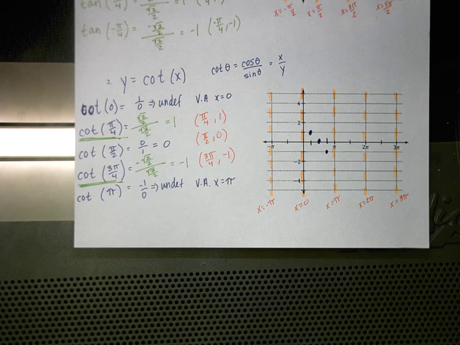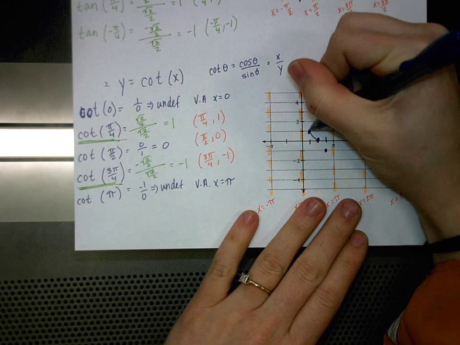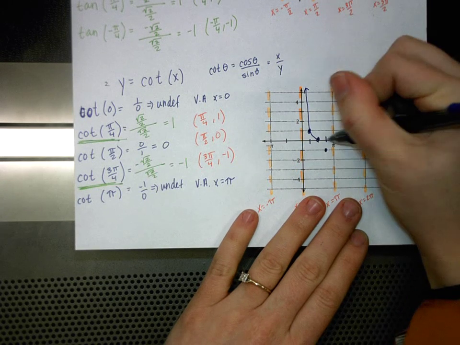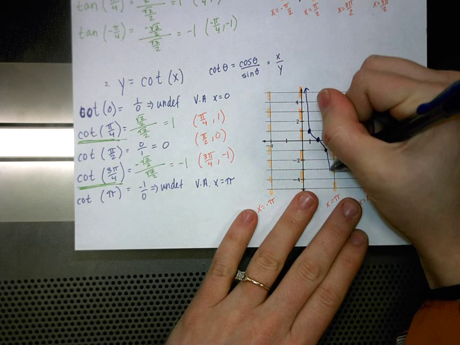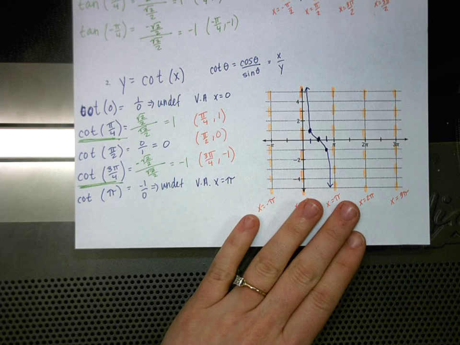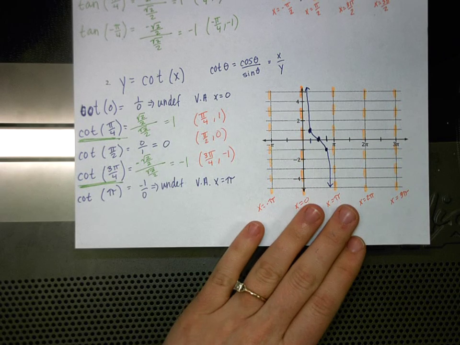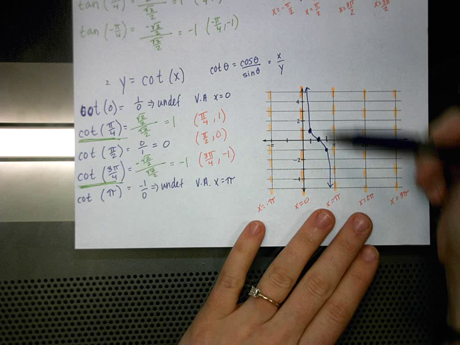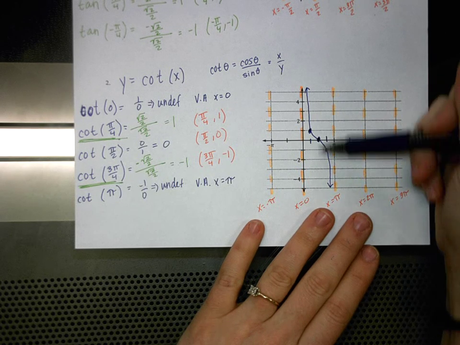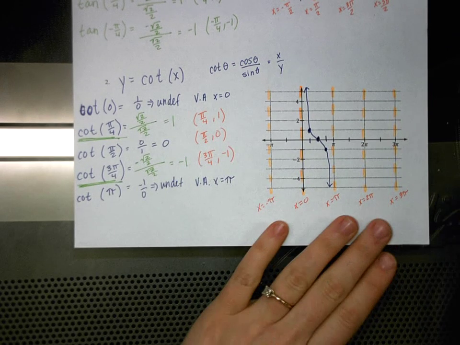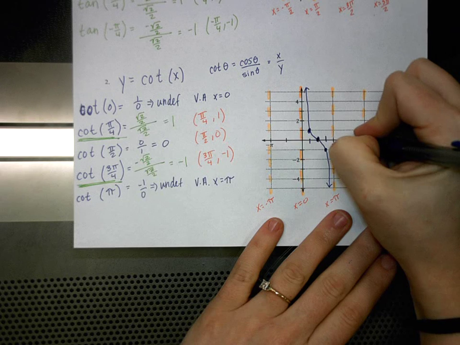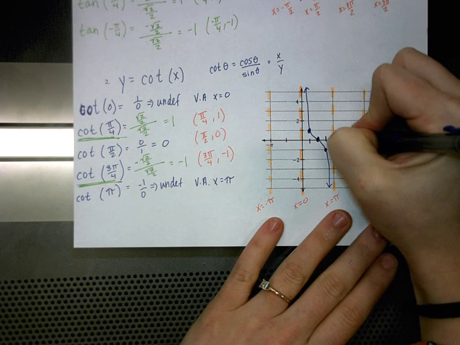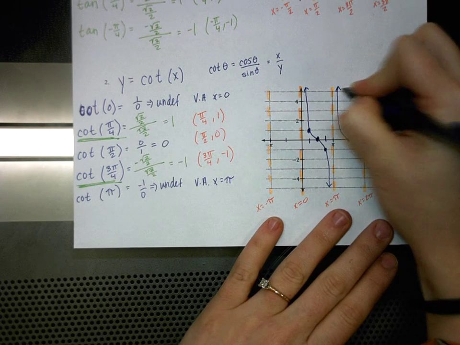So it's very, very similar. It just looks as if we reflected over x equals like pi over 2 or something. So it's just going the opposite directions.